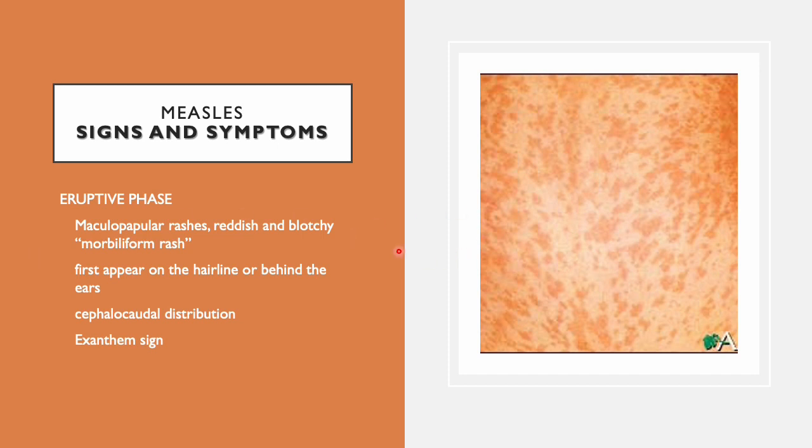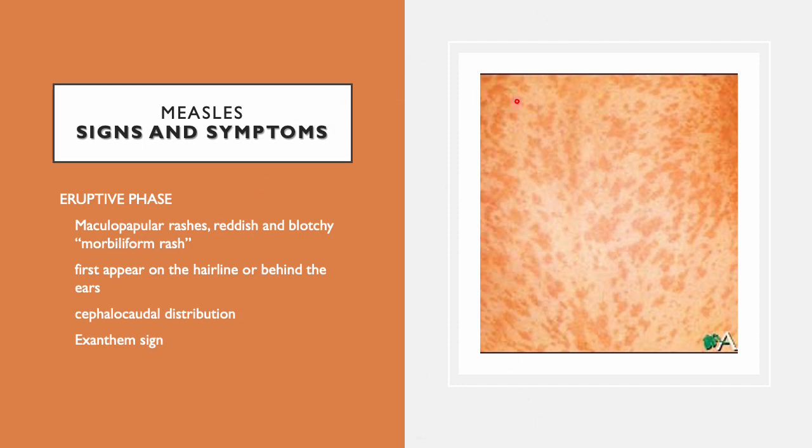Again, cephalocaudal, so it first appears on the hairline, then goes down behind the ears, and then down to the trunk, then sa limbs. So, this is the exanthem sign of measles. Okay? So, exanthem. So, there is that eruption of rashes.